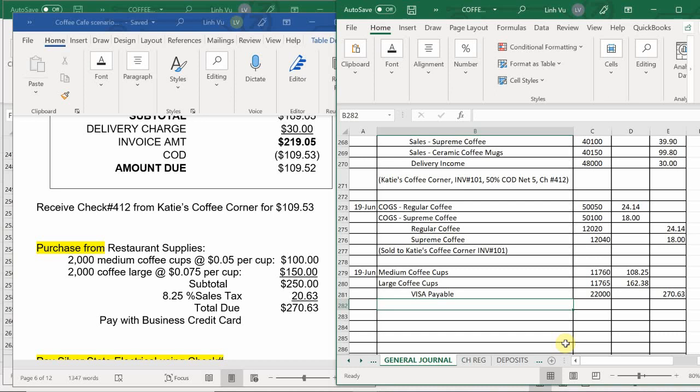So now we go into the ledger. This is a purchase from restaurant supply, paid with credit card. Description: restaurant supplies. We bought 4,000 coffee cups. Okay.